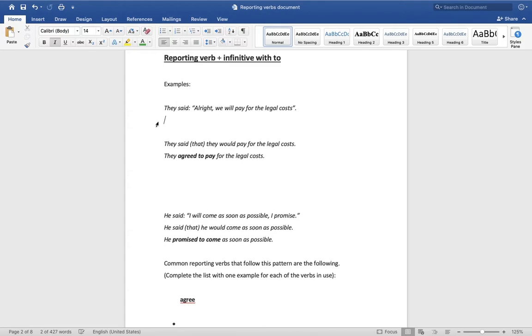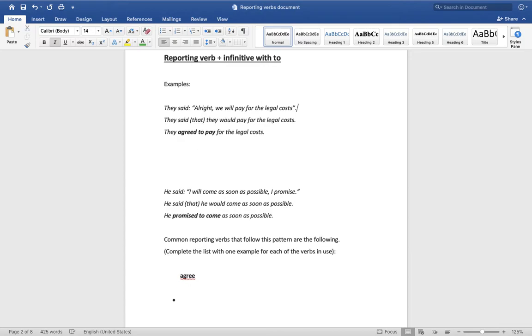Entonces, no os preocupéis por esa parte, ¿vale? En esta ficha en concreto, en este documento, tampoco tenéis que hacer este paso intermedio, ¿vale? Yo estoy explicando para que veáis el proceso entero y para que veáis cómo economizamos, ¿vale? Que todo esto, ¿vale? They said that they would pay, se puede reducir a they agreed to pay, ¿vale? Como reducimos el número de palabras.